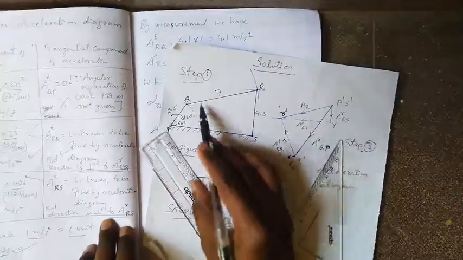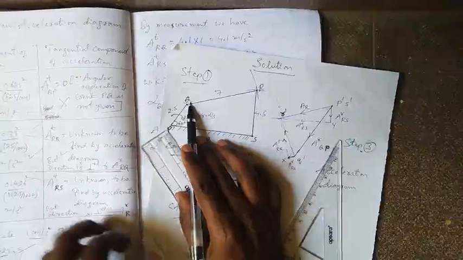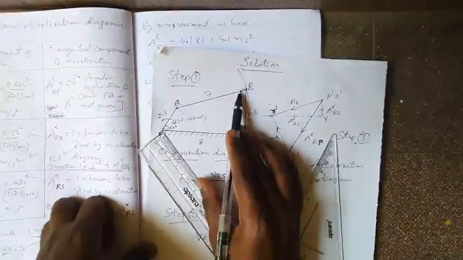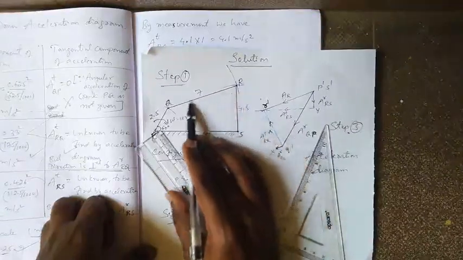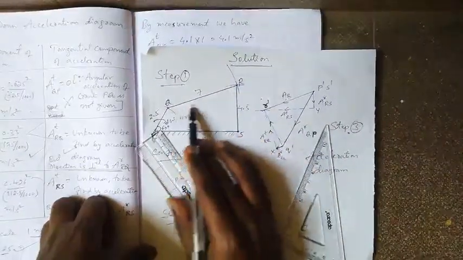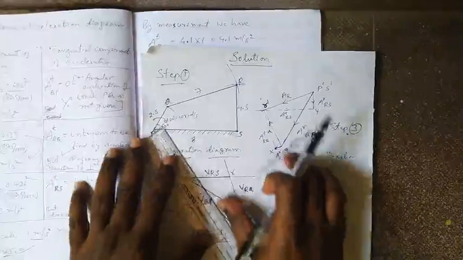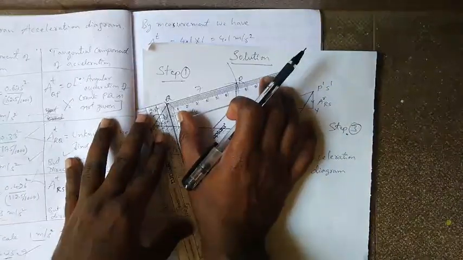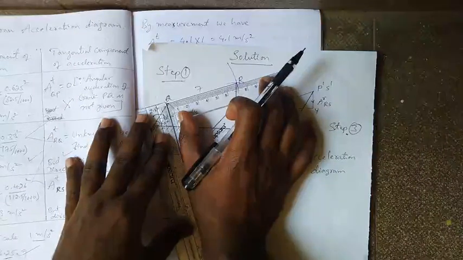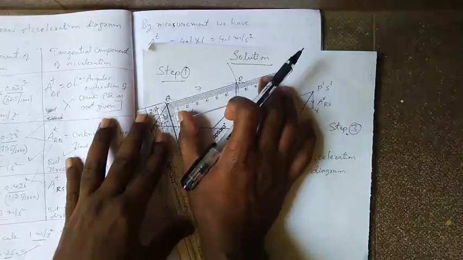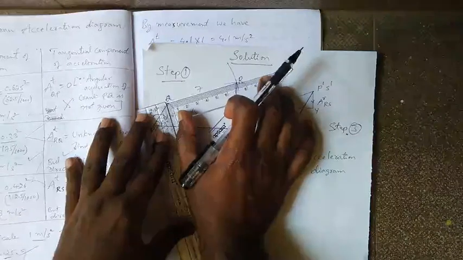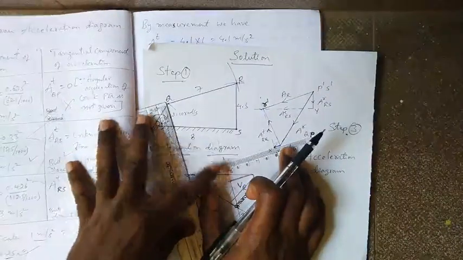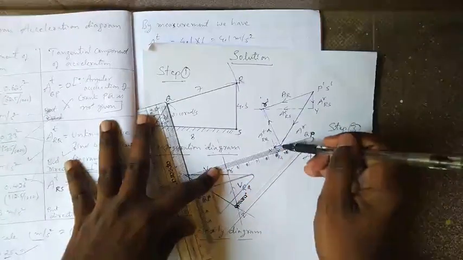The next link is RQ. For RQ we have a radial component and a tangential component. The radial component will be parallel to the link. So take this RQ, the radial component of acceleration of RQ, and draw a parallel line from where we stopped at the previous point.